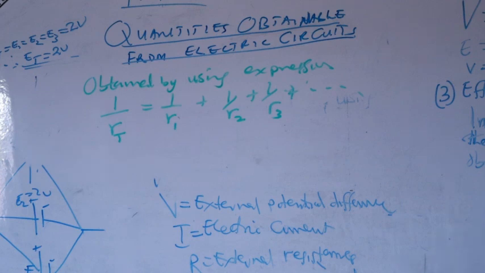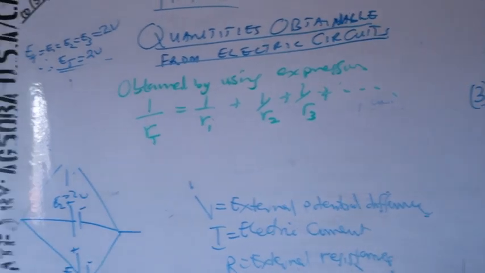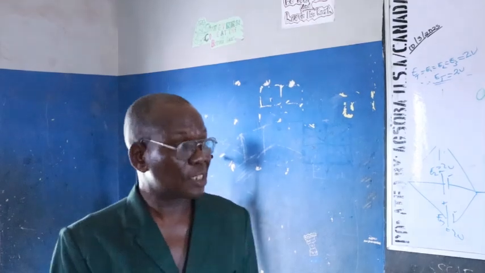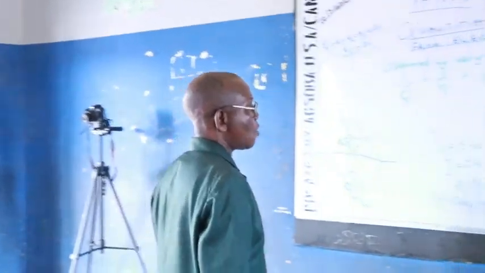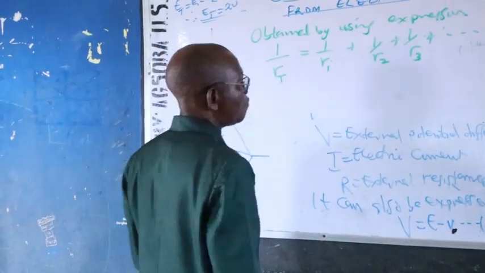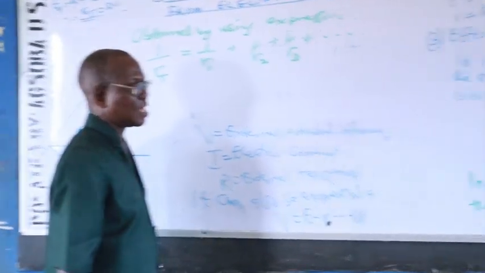So if you don't use the series R1 plus R2 plus R3, then it will be 1 over R total. That's when it is in parallel. Any calculation you meet in a circuit, one of the two will solve the effective internal resistance. So that is that. Having done that, number 4 will now be external.